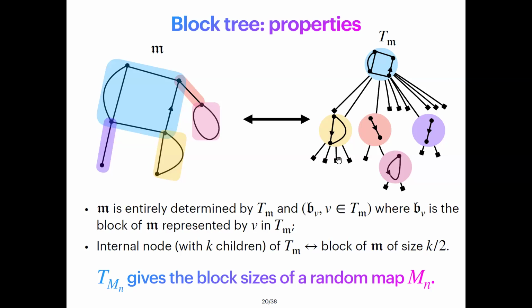And even if we forget the decorations, we still have information because the number of children of a node is twice the size of the block, which is a decoration. Here, for example, you have 4 children. It's a block of size 2. So just looking at a tree, non-decorated, we still get information on the block sizes. So it's a really useful tool.